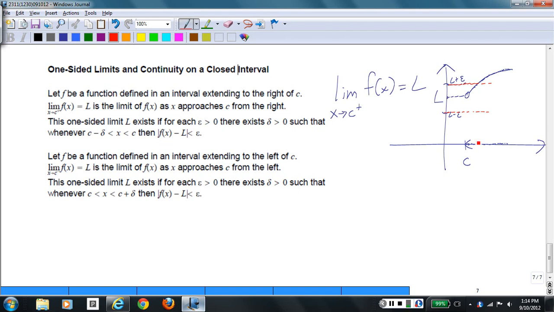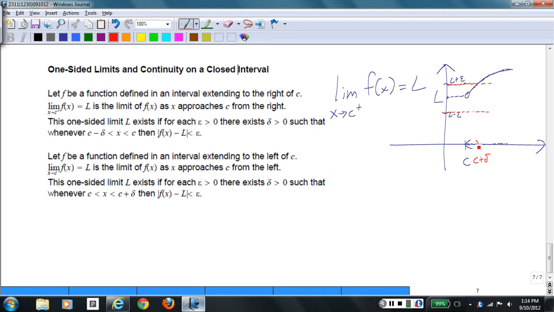So maybe this is the c plus delta. Yes, that's the c plus delta that I should have been referring to if we're approaching from the right.